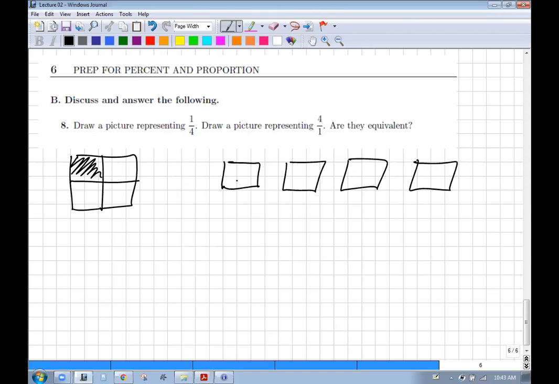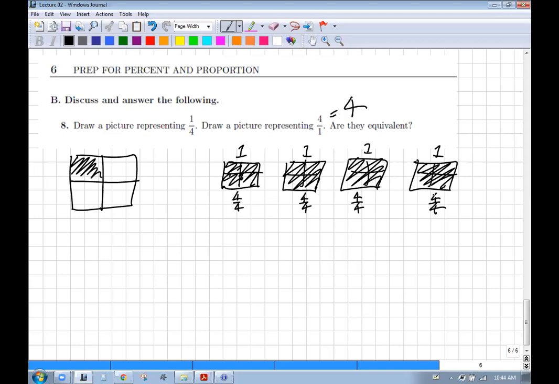Let's see, I could do it like this. Here's 1, here's 1, here's 1, here's 1, right? I could write this as 4 out of 4, 4 out of 4, 4 out of 4, 4 out of 4 if I wanted. 4/1 is 4.